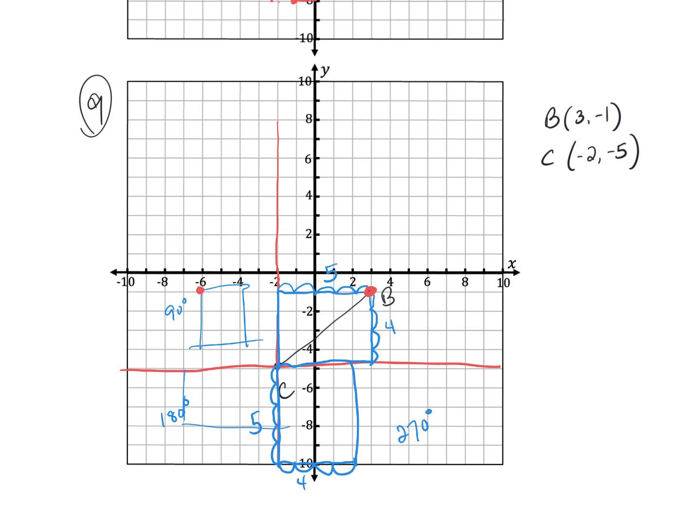Point B rotates around the corners of the rectangle each time we turn it. So we go from upper right to upper left to lower right. So this is B prime, which happens to be at (2, -10).